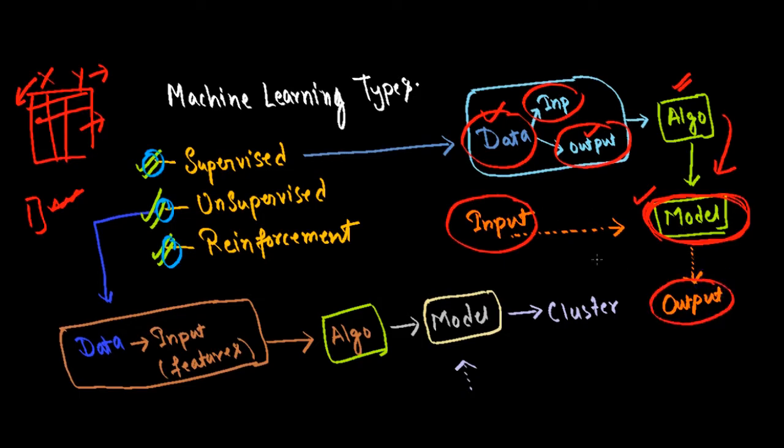You can see that the main difference between supervised and unsupervised learning is this output label. In unsupervised machine learning, we are given the data and we are not provided with any label. So output will not be given in unsupervised machine learning during training. This phase, when we give data to the algorithm and the algorithm creates a model, is known as the training phase.